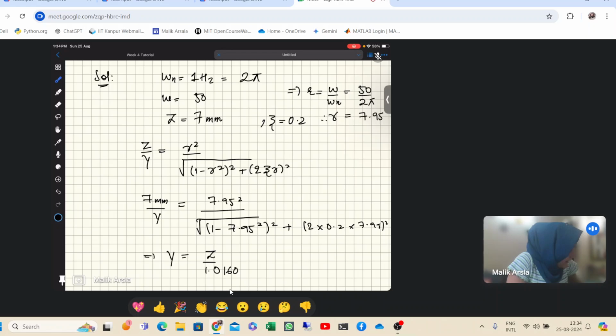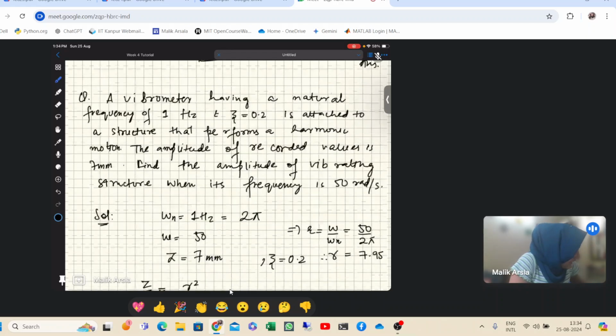And let me put Z here. So Z is 7 mm upon 1.0160. So it comes out to be 6.88 mm. So that is the amplitude of the vibrating structure.